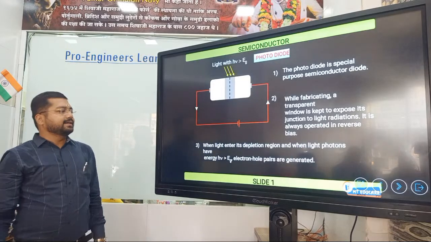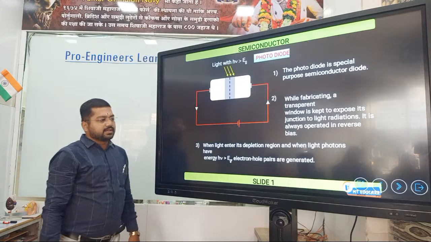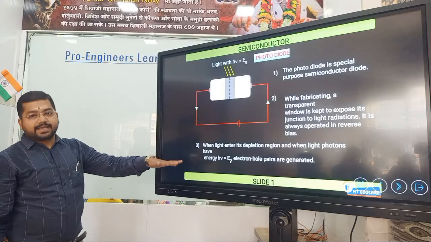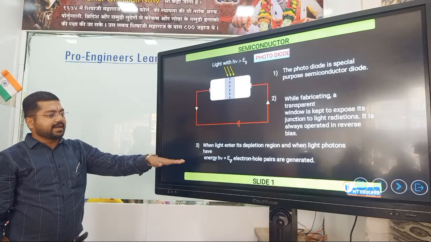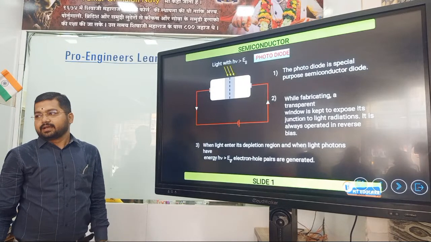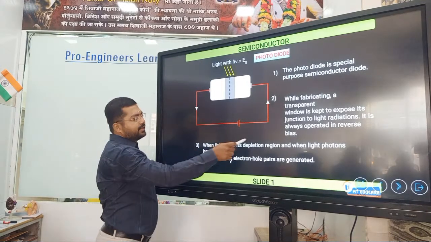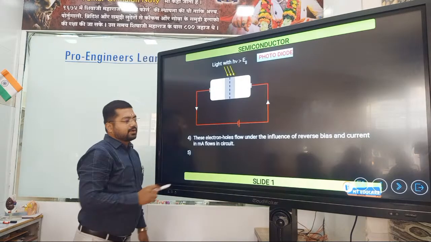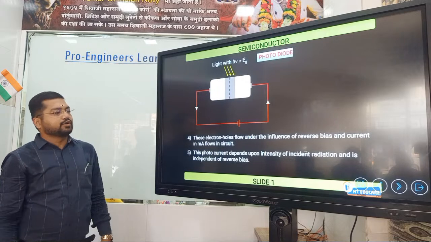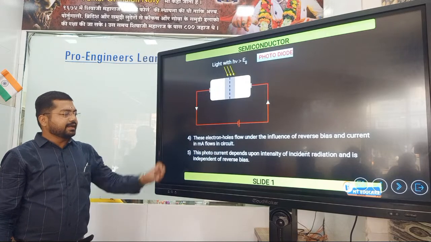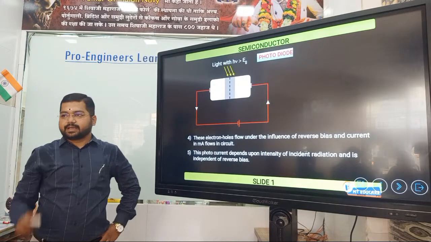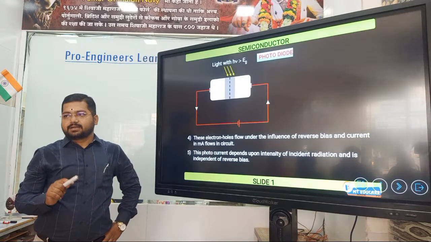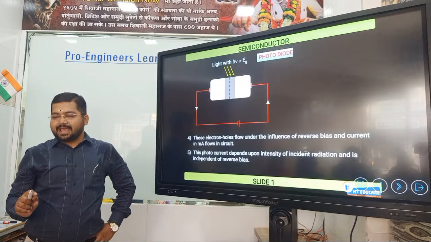When light enters its depletion region and when light photons have energy hν greater than EG, electron hole pairs are generated. If that does not happen, there will not be any generation of electrons and holes. These electrons and holes flow under the influence of reverse bias and current in milliampere flows in the circuit. Keep this in mind. Photodiode works in reverse bias and current range is in milliampere.